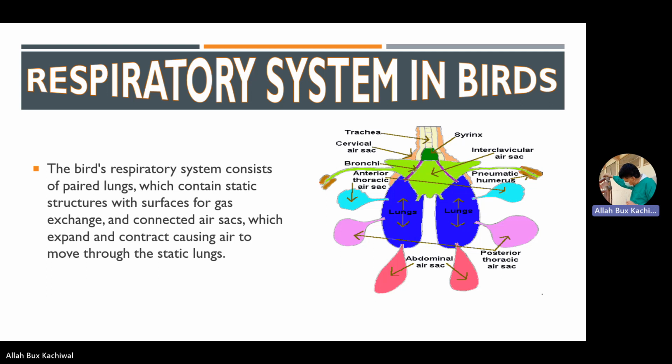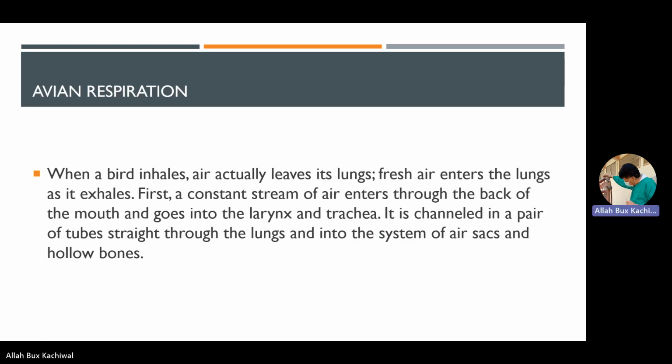The paired spiracles are present: the posterior, abdominal, the cervical, and the sacs at the lungs. So when a bird inhales, air actually leaves its lungs, and fresh air enters the lungs as it exhales.